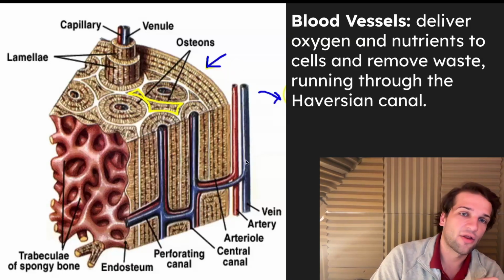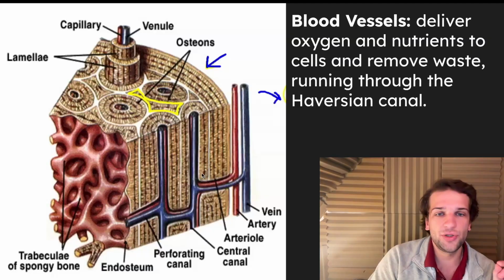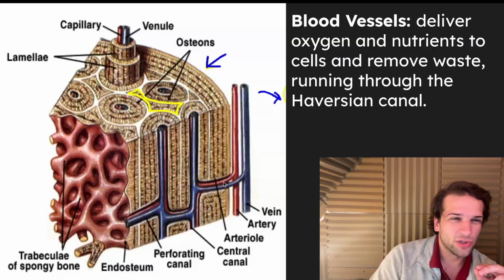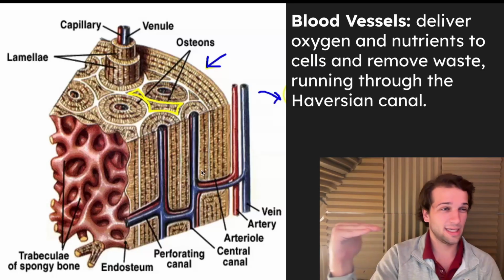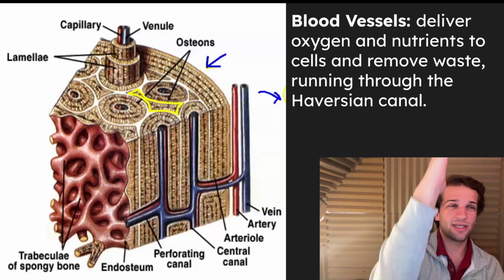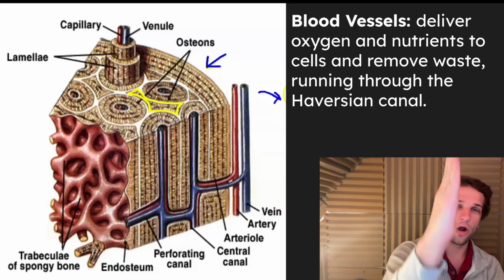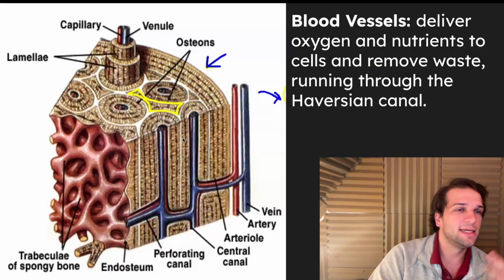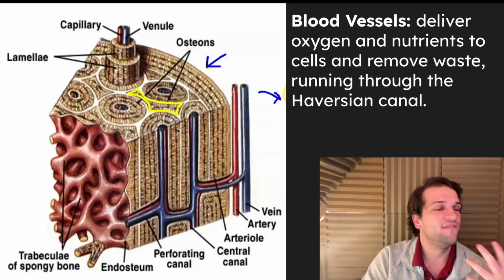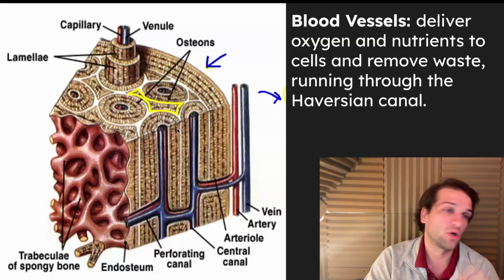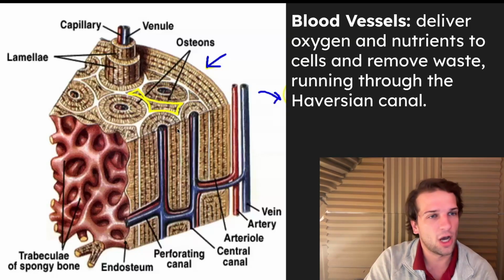They will then connect through the periosteum into the actual compact bone. You'll see that there's these side canals, right? Those are called Volkmann canals. And then the canals that go up, those are our Haversian canals. So basically it is a complex well system. That's how we feed the osteons, or specifically the osteocytes within the osteons.